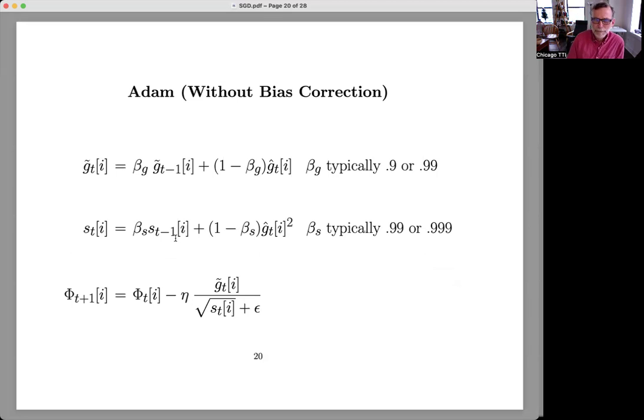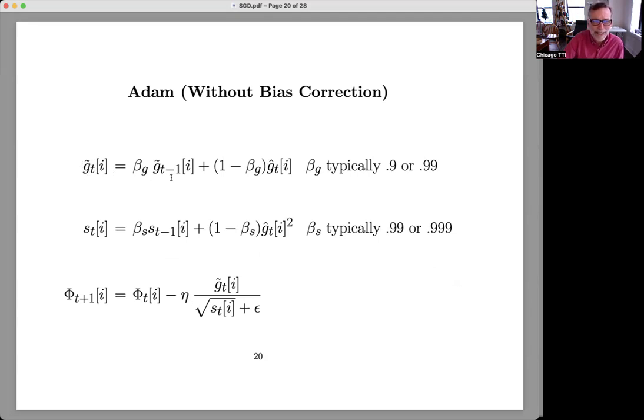Okay, so here's Adam. In Adam, we're going to do two EMAs, exponential moving averages. This is the momentum, EMA momentum, exponential moving average. This is an exponential moving average of the gradients.